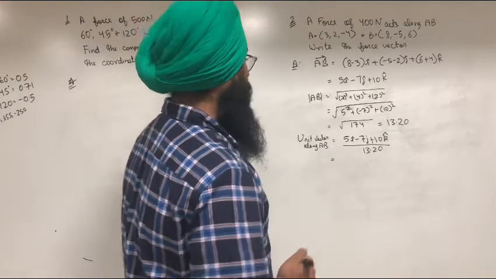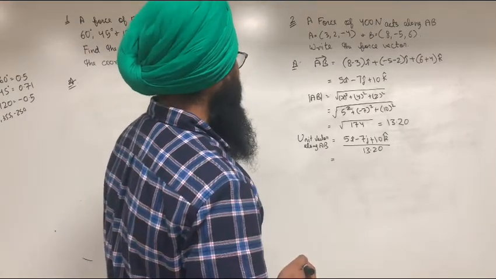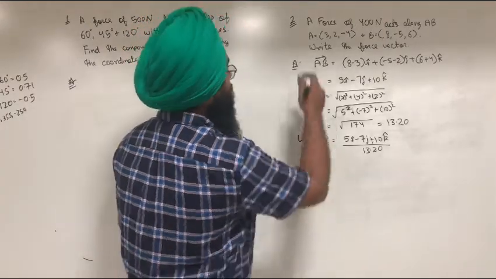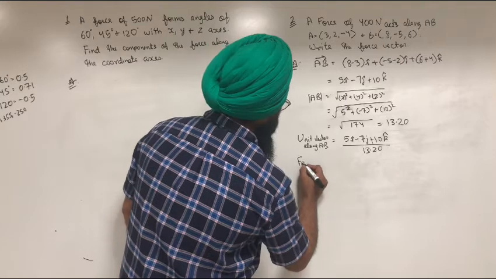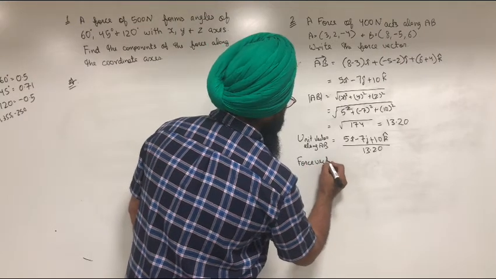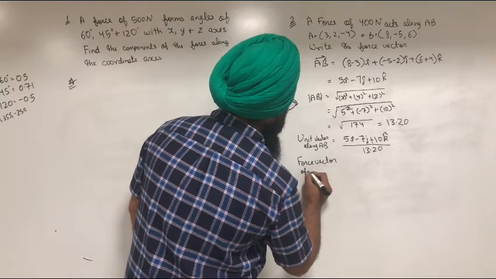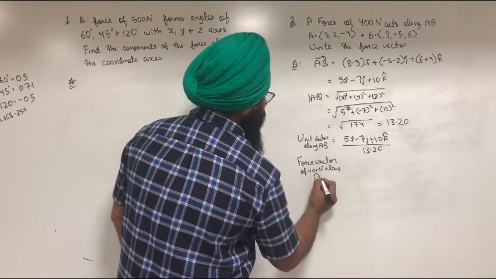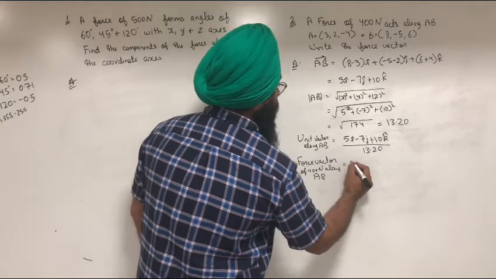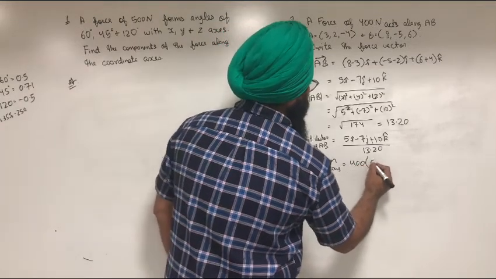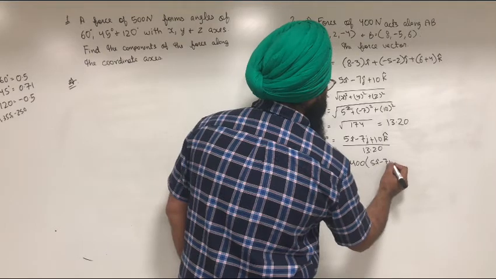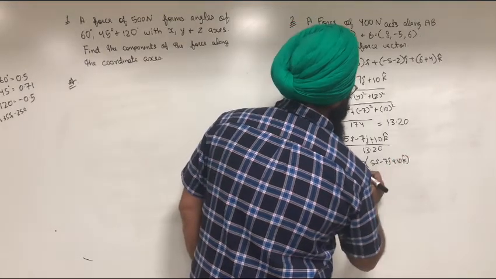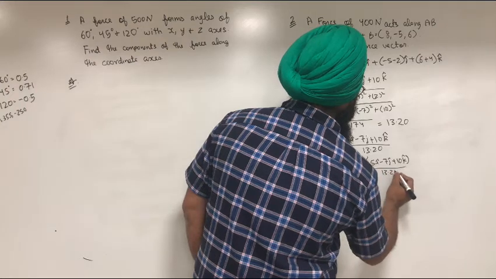So by solving, once we have the unit vector, we can easily find the force vector along AB. The force vector of 400 Newton along AB is found by multiplying 400 with 5i minus 7j plus 10k over 13.20.